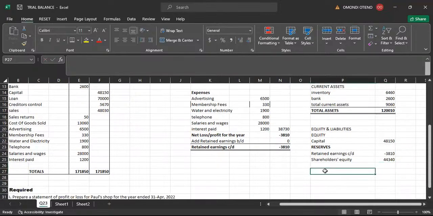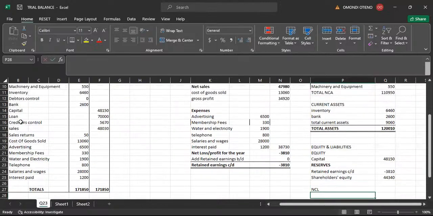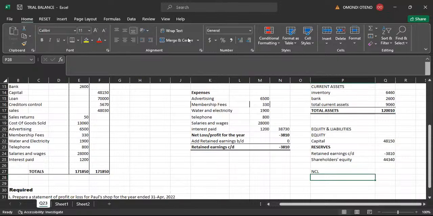Then we come to liabilities. The liabilities, now you're going to have non-current liability. I want somebody to tell us the non-current liability that we have here.